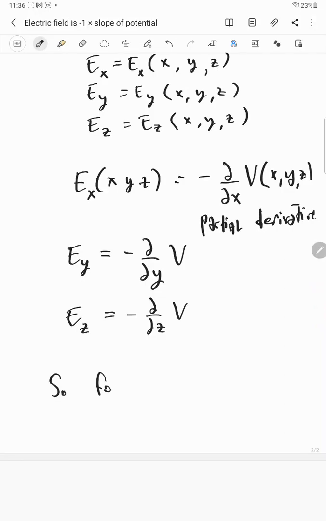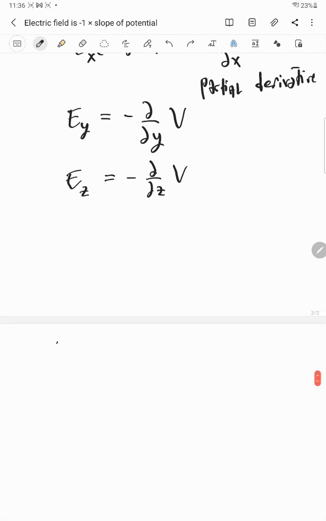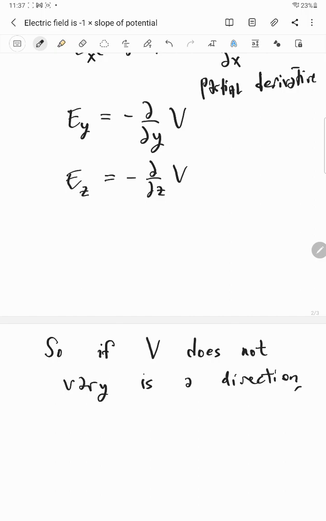So, actually, let me write this on another page. So, if V does not vary in a direction, then the electric field in that direction is zero, right?